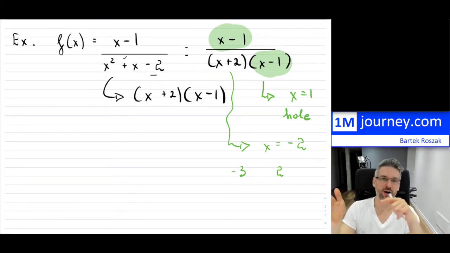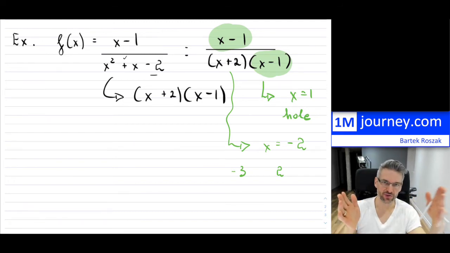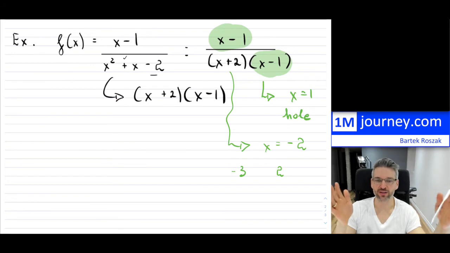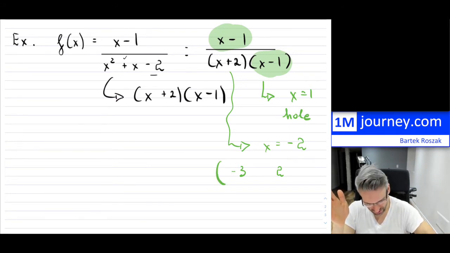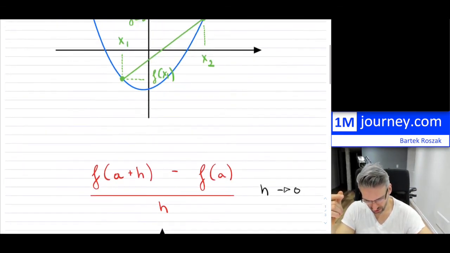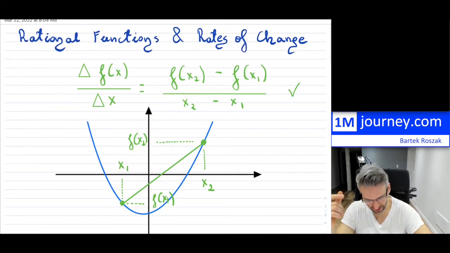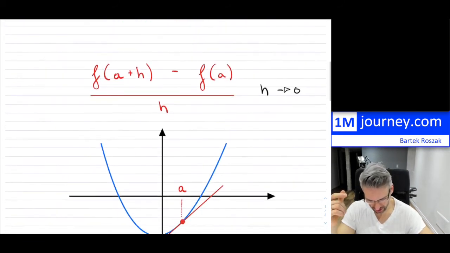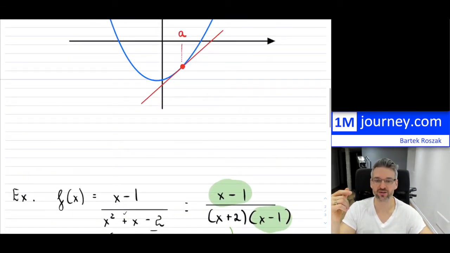You're going to be crossing through that vertical asymptote. Technically, if you're trying to find an average of the rates of change between those, you are going to run into the problem where at negative 2 it's undefined. So you can define these, but just make sure it's on intervals that don't cross through these vertical asymptotes.